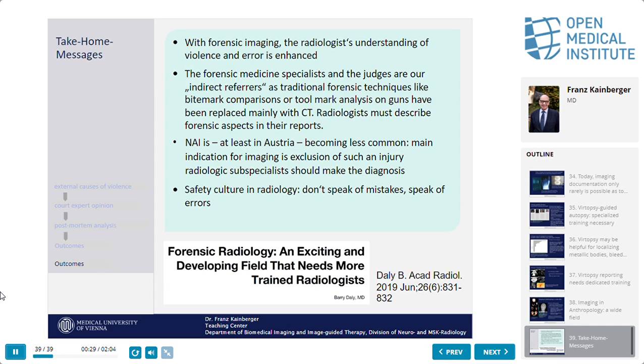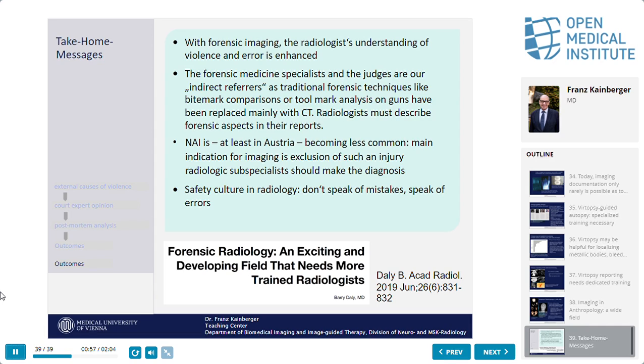They are our indirect referrers, and we should be aware that, especially if we are reporting patients after trauma, it's not only the referring physician who wants an answer from us, there's also somebody behind it, the coroner or the judge. They also want an answer from our reports.